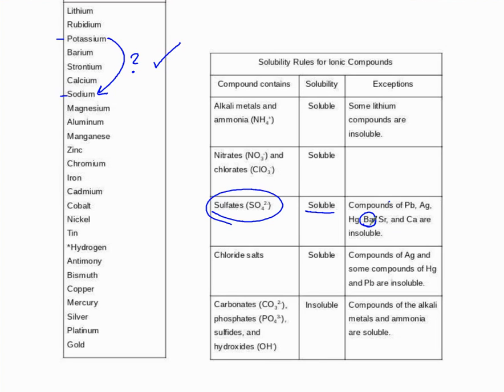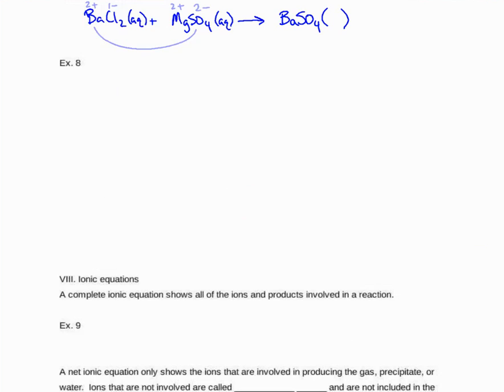Barium is an exception. So they're usually soluble, but when it's barium, it's insoluble, which means solid. It's going to be a solid. It's going to form our precipitate solid.